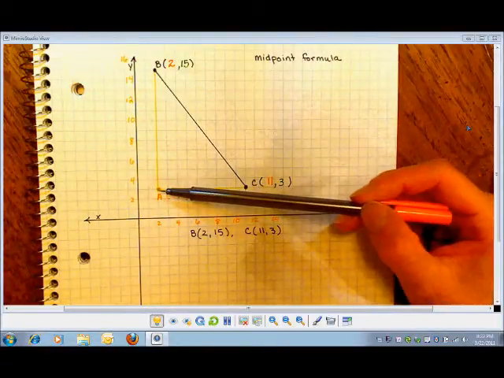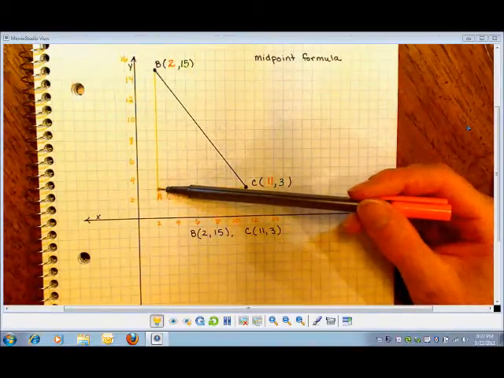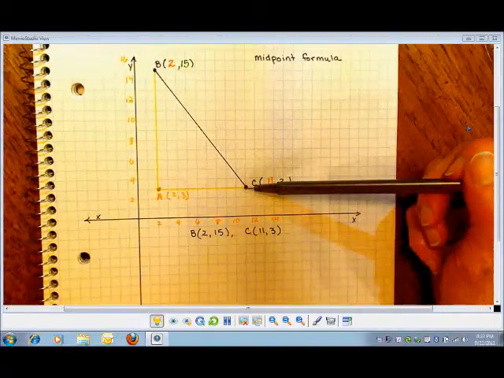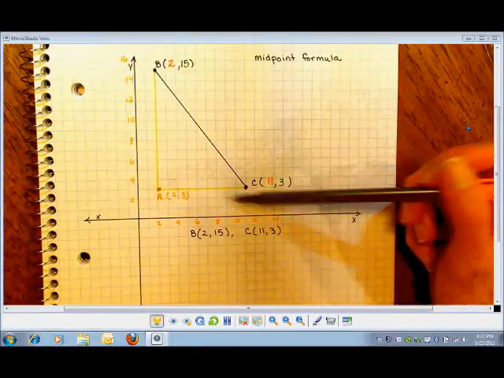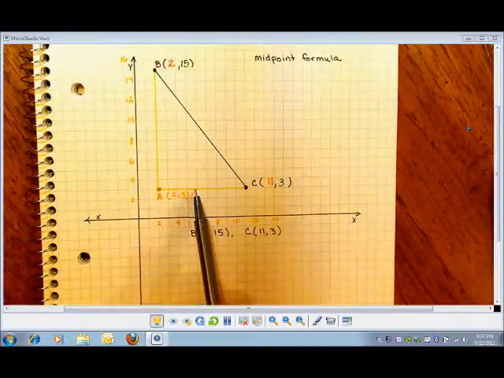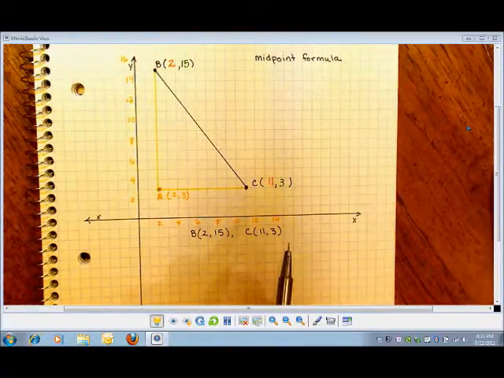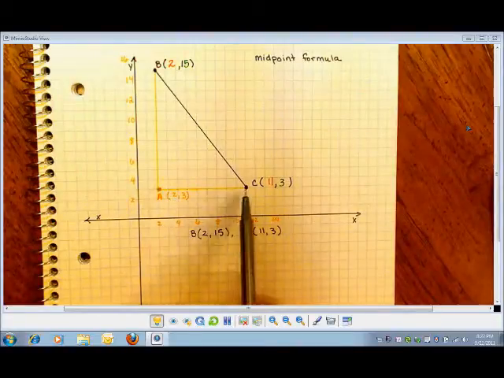So let's find the distance of our x, between A and C. If we just count it, it's 1, 2, 3, 4, 5, 6, 7, 8, 9. So from A to C is 9.